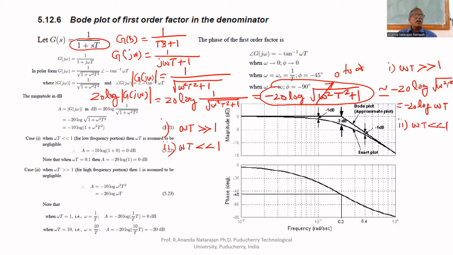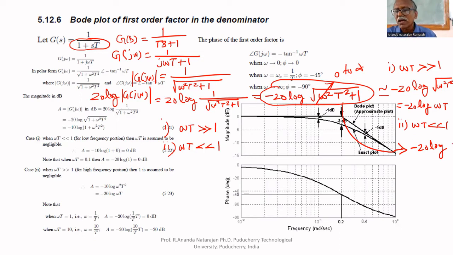When compared with 1, let us assume omega tau is 0.01. This is negligible while compared with 1. That's why the term is negligible, because it is equal to 0.01 compared with 1.